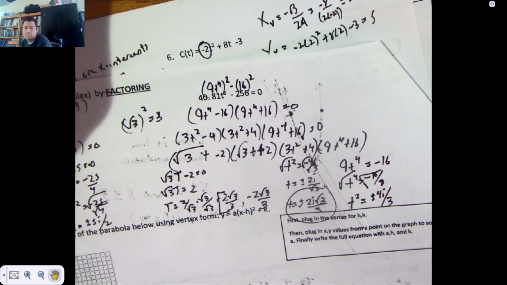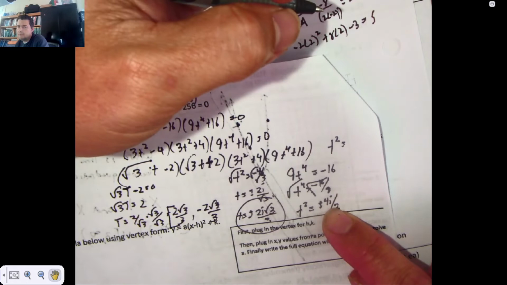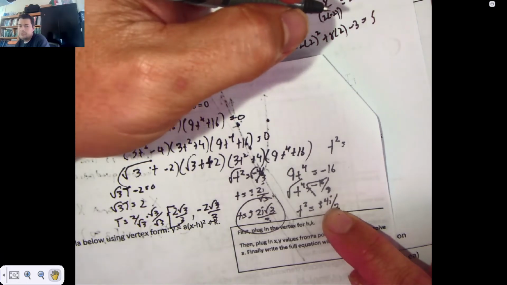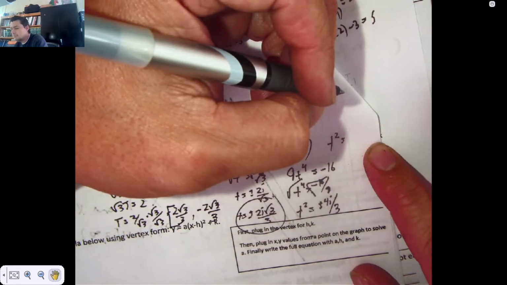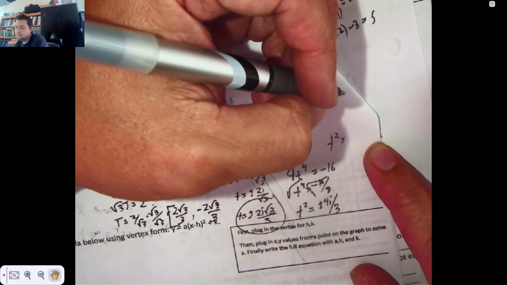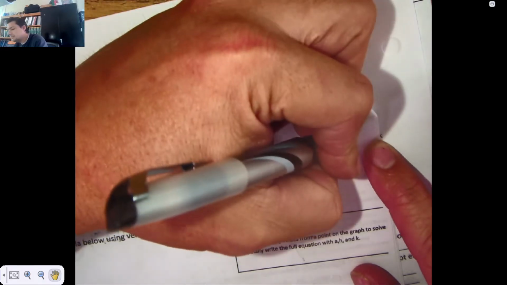Is it a big deal? No, it's not. You still can. I've just never even bothered trying to do this before. I would have that t squared is, remember, i is the root of negative 1, isn't it? I believe it is. That's what i is. So t is, that's kind of interesting. It just doesn't feel right.